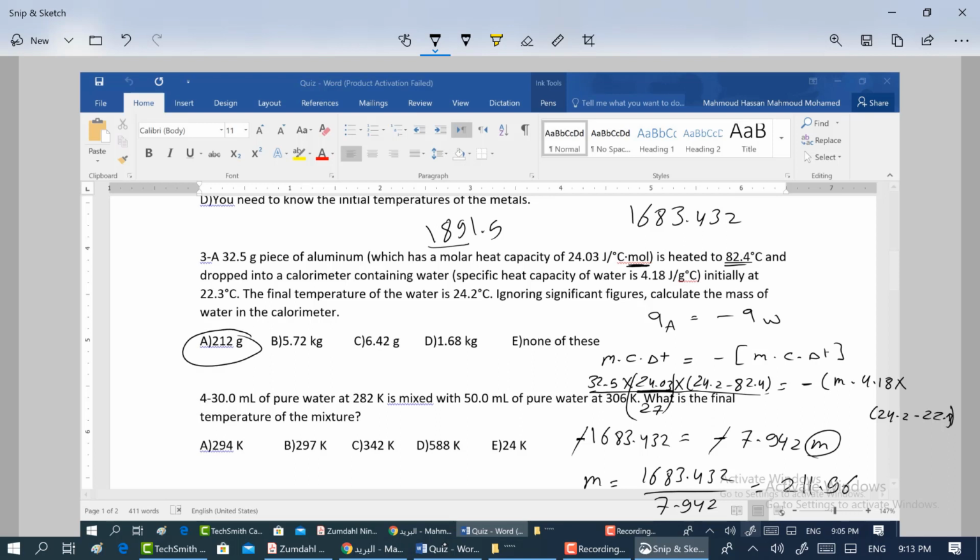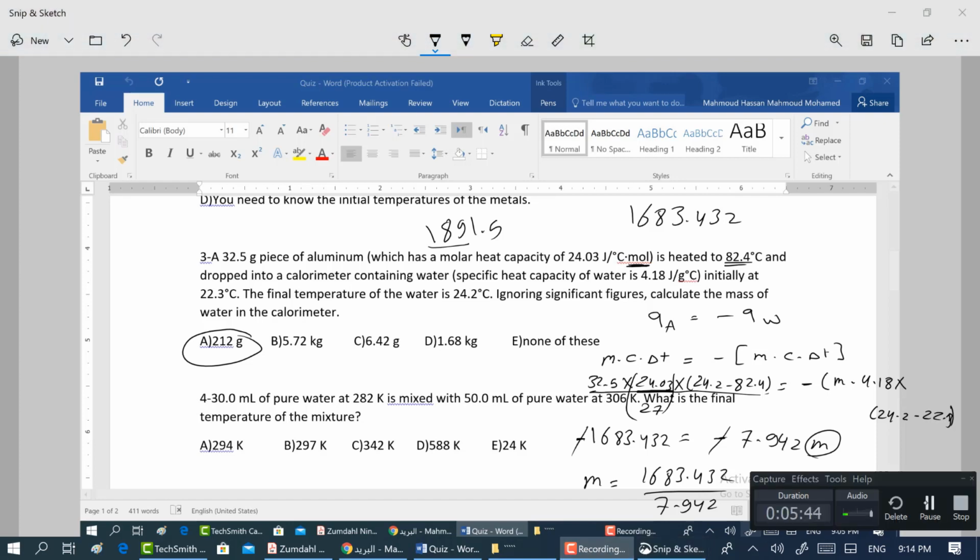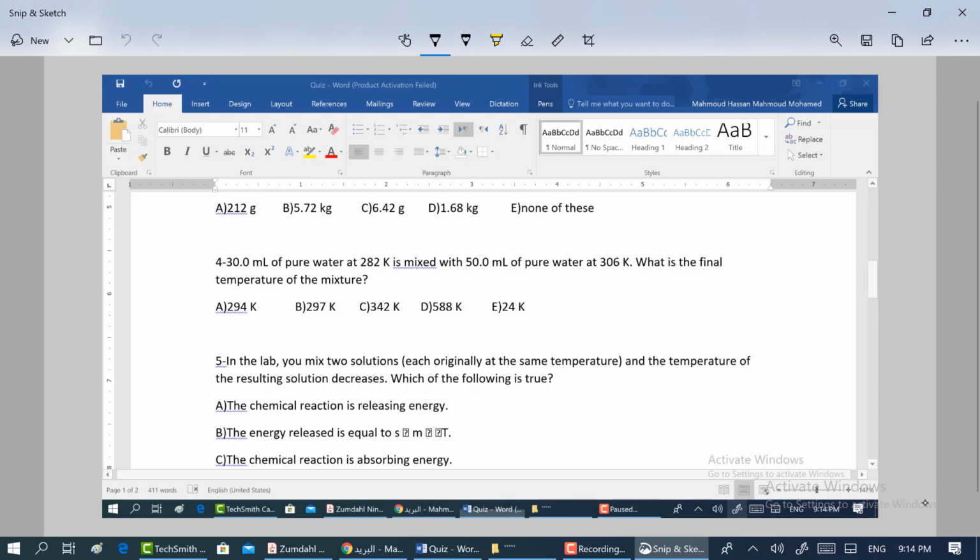Okay. The other questions. A 30 milliliter of pure water at 282 Kelvin is mixed with 50 milliliter of pure water at 306 Kelvin. What is the final temperature of the mixture?